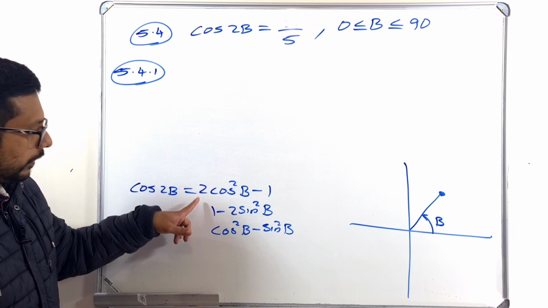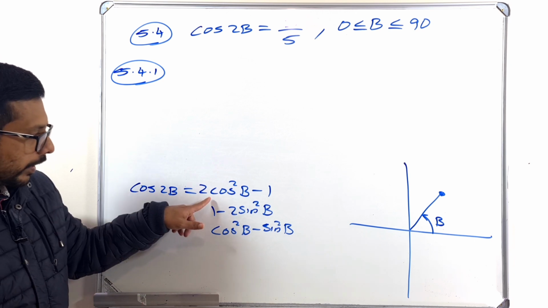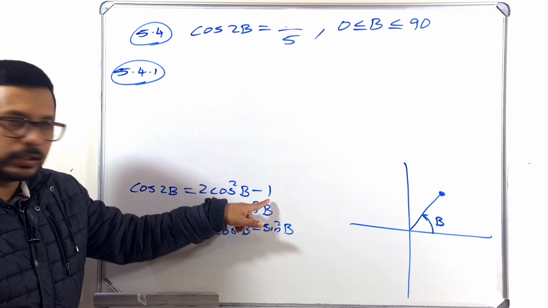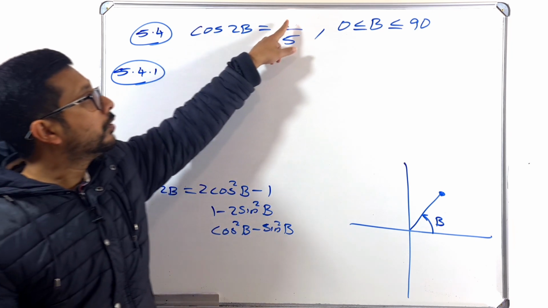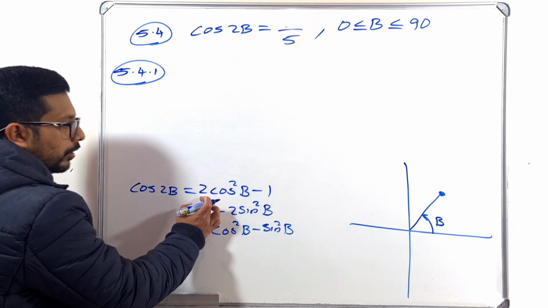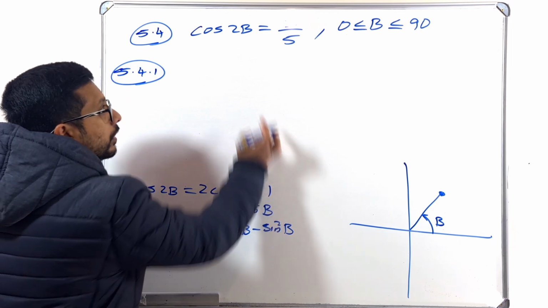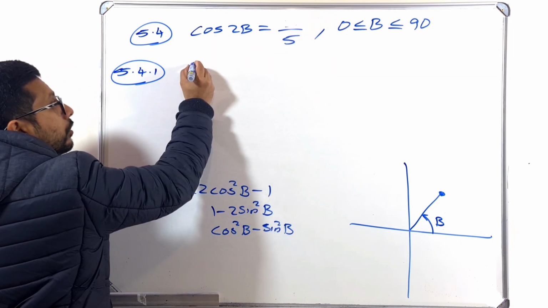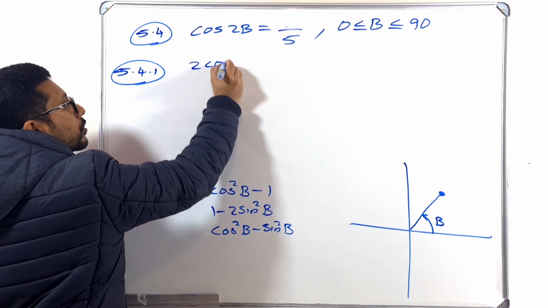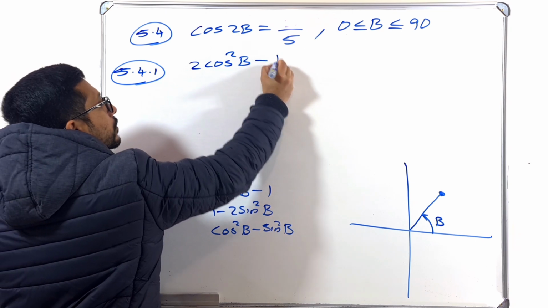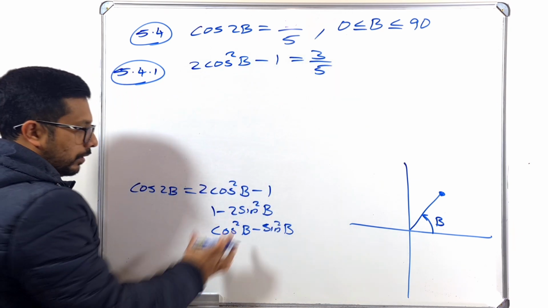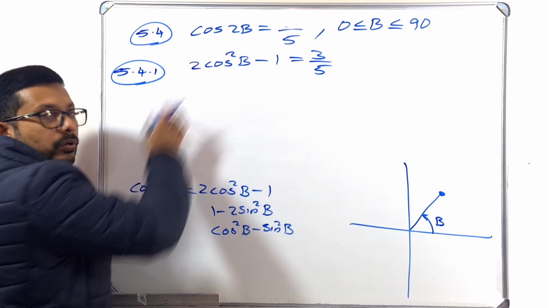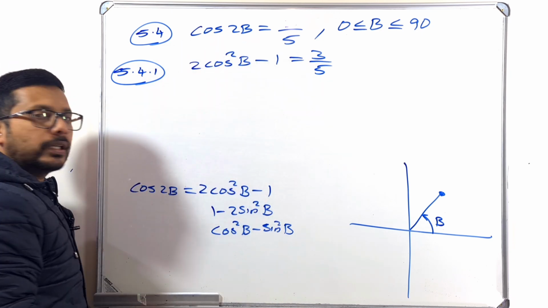Look at this one. I can convert this cos 2b into b using this formula. Am I right? So cos 2b is equal to 3 over 5 is the same as 2 cos squared b minus 1 is equal to 3 over 5. I wrote that instead of cos 2b, using that double angle formula.